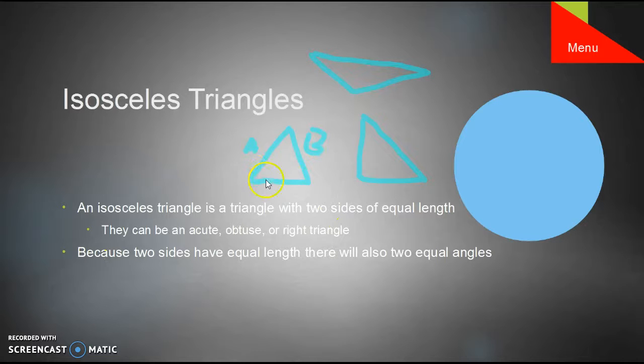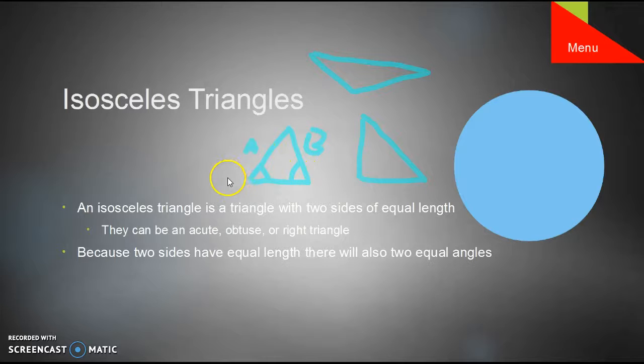Because it has two sides that are equal, each of the angles opposite those sides will have the same value.